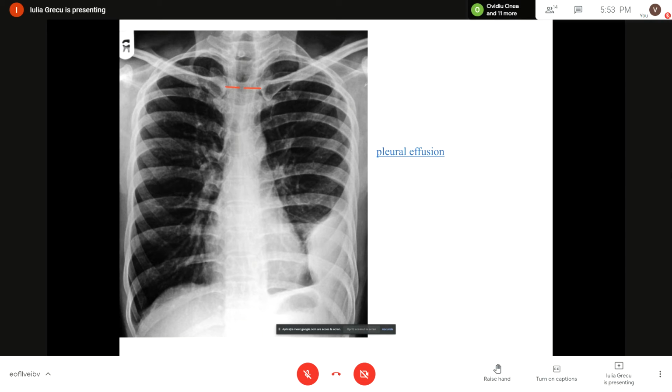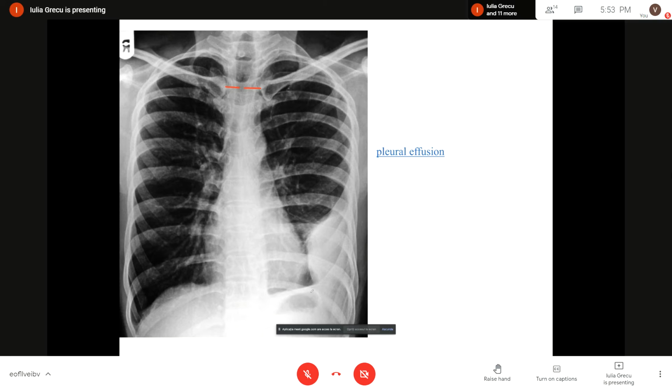How many posterior ribs can you count? 8. I count 10. So here is how you count. Again, this is the posterior arch of the ribs. So this is the first one, the second, the third, the fourth, 5, 6, 7, 8, 9, and 10. So this is a quite good inspiration film.